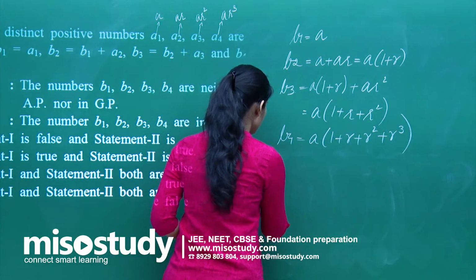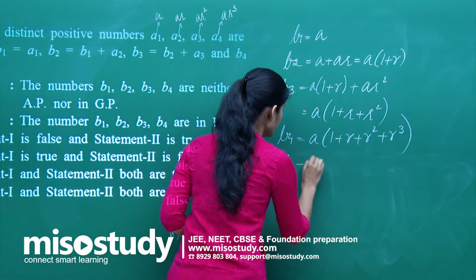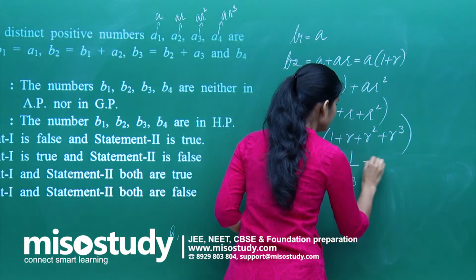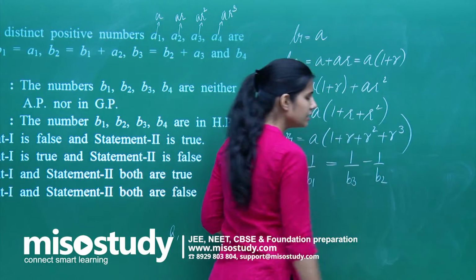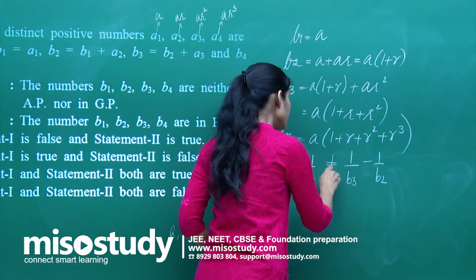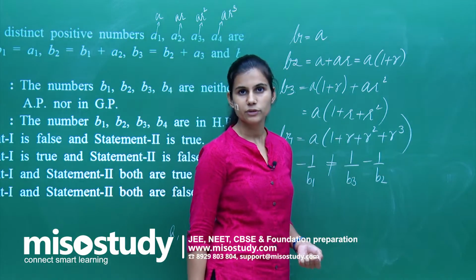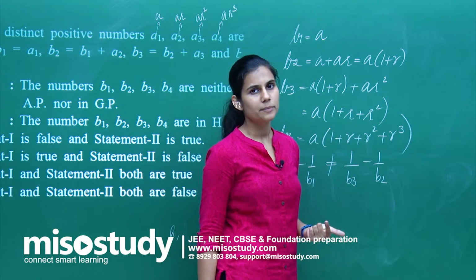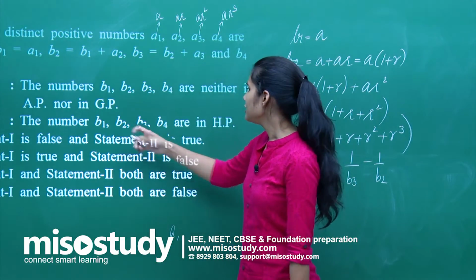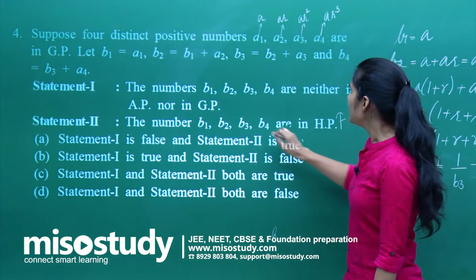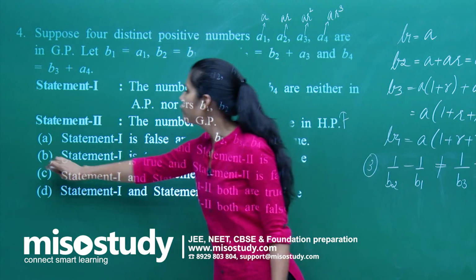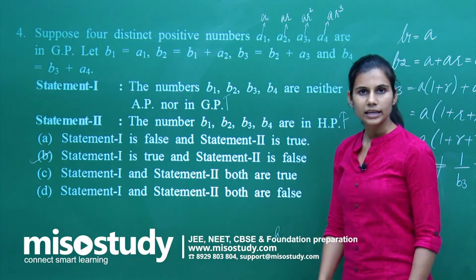For that, if 1 by B2 minus 1 by B1 comes out equal to 1 by B3 minus 1 by B2, that means yes, they are in AP, but you are going to find they are not equal, in which case the reciprocals are not in AP, so the terms will not be in HP. So statement 2 is false and statement 1 is true. Clear?